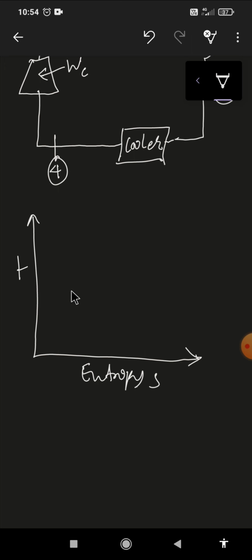From 1 to 2, heat is being added, so the temperature will increase. Then 2 to 3 is power generation, so the temperature will reduce at constant entropy. Then 3 to 4 is a cooling process, so the heat is being rejected.